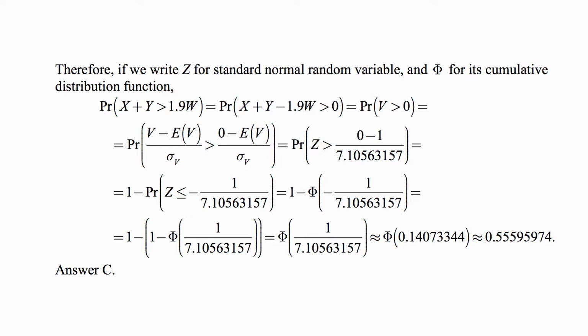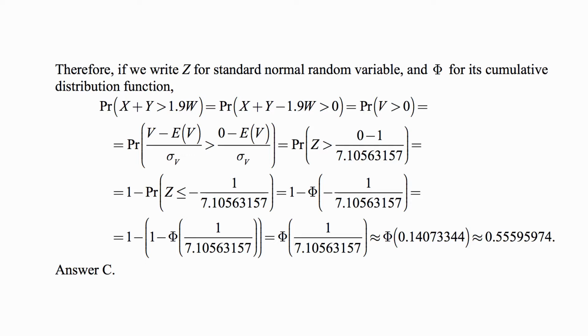7.10563157. So 7 point, and then all this long piece there. Eventually we're going to take 1 over that 7 point and so on, and find the reciprocal. But for now, we write this as 1 minus the probability of Z being less than or equal to that number. Notice that that number is really negative 1 divided by 7 point and so on.